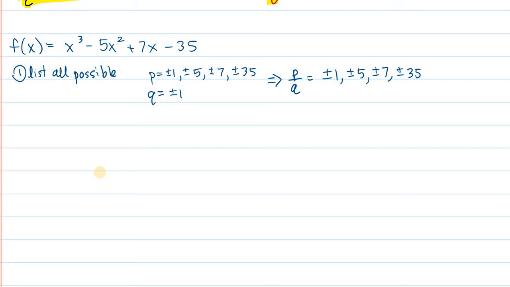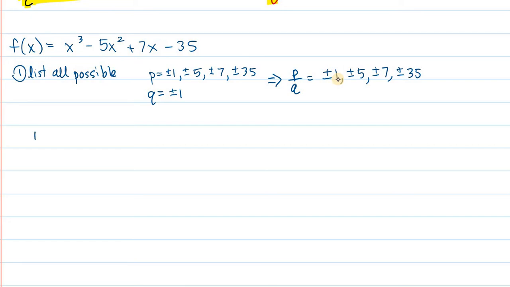So now what we've discovered is that from this list, we have 1, 2, 3, 4, 5, 6, 7, 8 possibilities of numbers that are zeros. So we're going to choose one of those values and imagine that it is a zero and test to see if it works. So let's choose positive 1 just as a test.